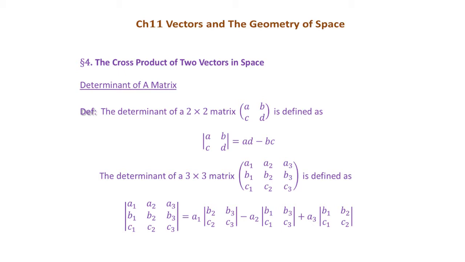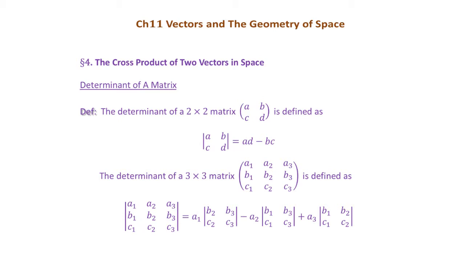But you can also use the vertical bars as we did here. So that's called the determinant of a matrix, and for a 2 by 2 matrix A, B, C, D it is the difference of the cross product of numbers. So multiply A with D and subtract B times C. So that's the determinant of this 2 by 2 matrix.